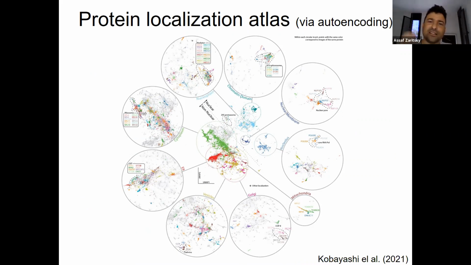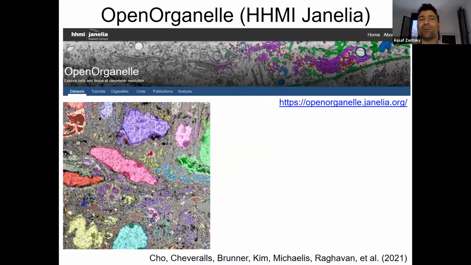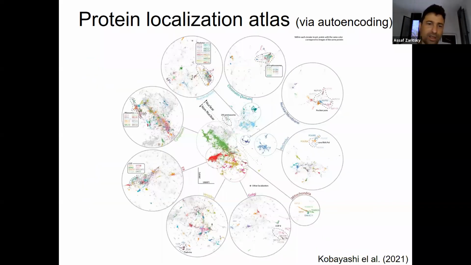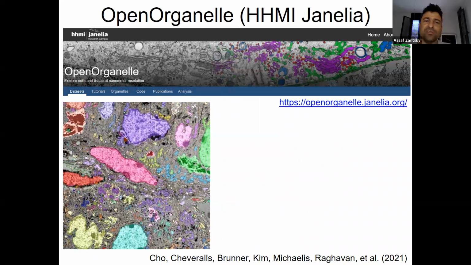The third data set that I wanted to show you is OpenOrganelle, which was developed by Janelia, which is also a philanthropic entity of the Howard Hughes Medical Institute. Previously it was the Chan Zuckerberg Initiative, Zuckerberg, the Facebook guy, right? And this is what you see here. I didn't show you any of this data in this course. I think this is electron microscopy data, EM data.